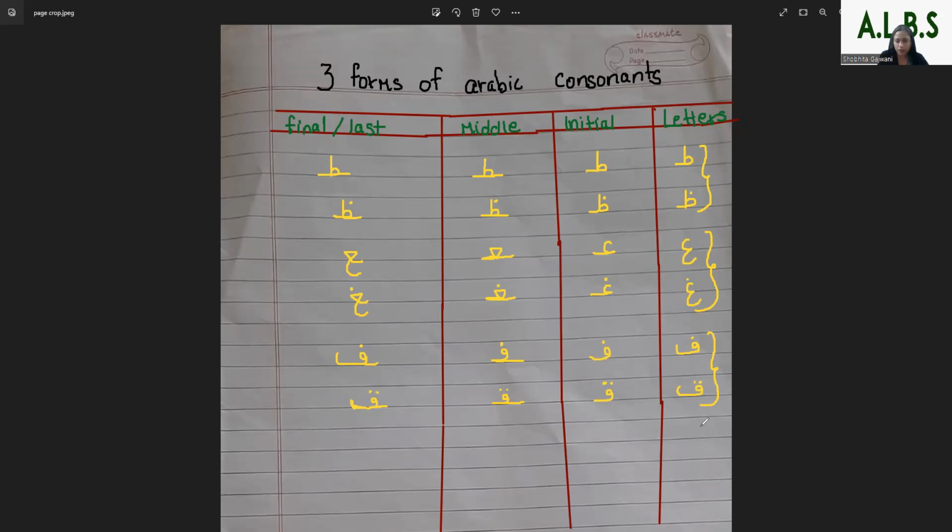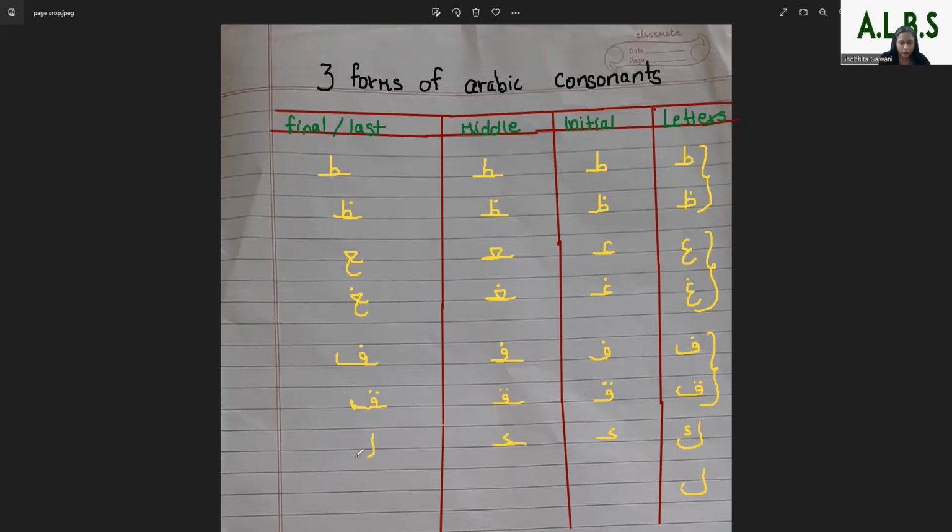Now the next ones are kaf and lam. They both are different. Initial part is written like this. Middle part, it is same like initial, but it has tails on either sides.